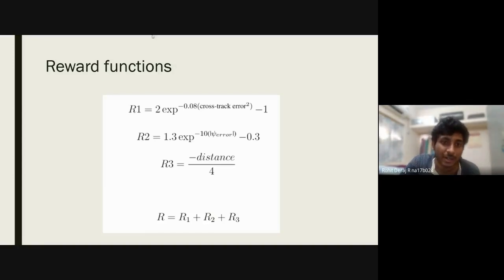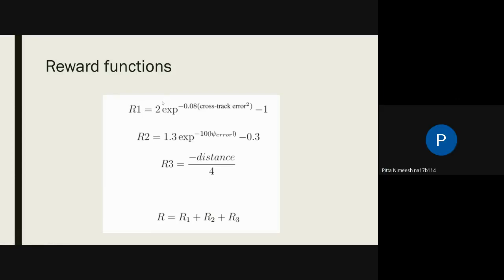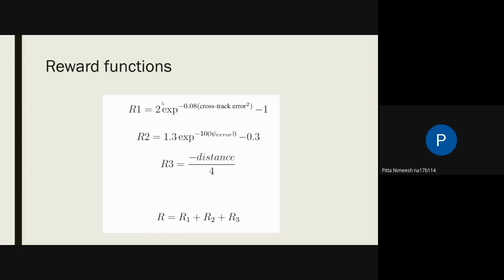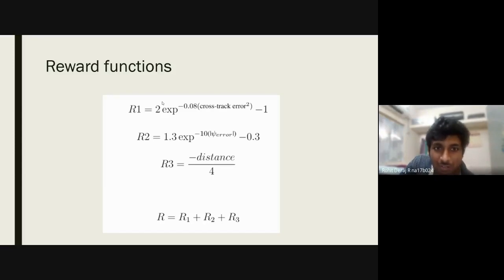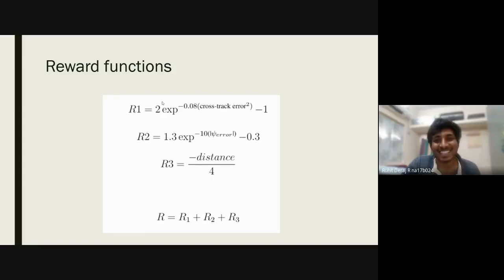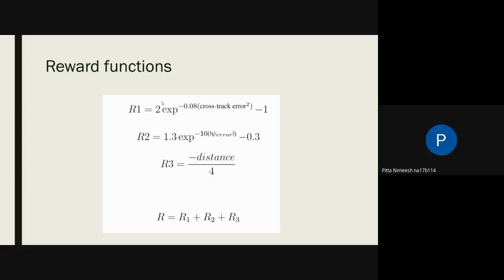So I went ahead with exponential rewards. Did you decide the coefficients based on some paper, or was it random? Trial and error. Everything trial and error. Again, no tuning. So you just did for multiple cases and decided. Yeah. The trial and error is the tuning, isn't it? Yeah, kind of.